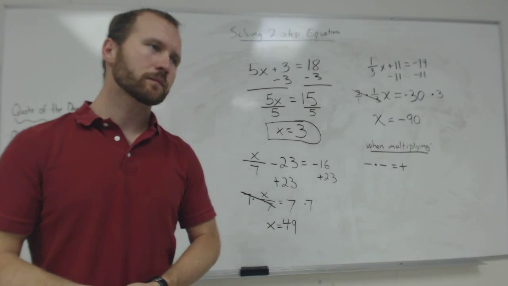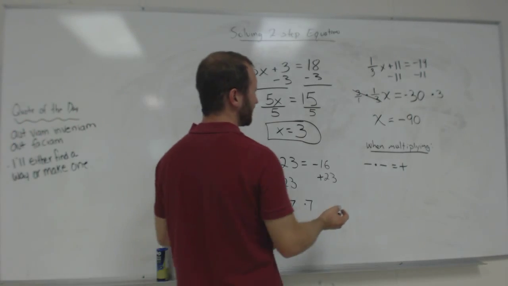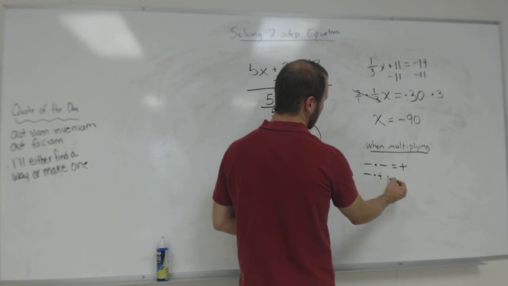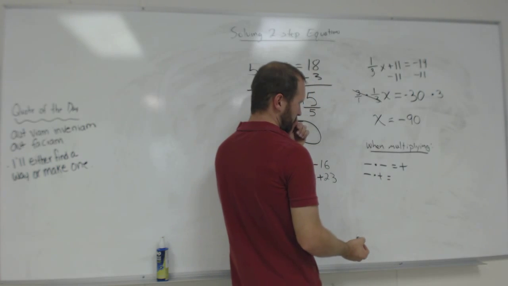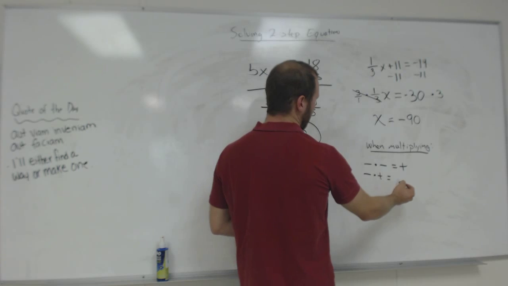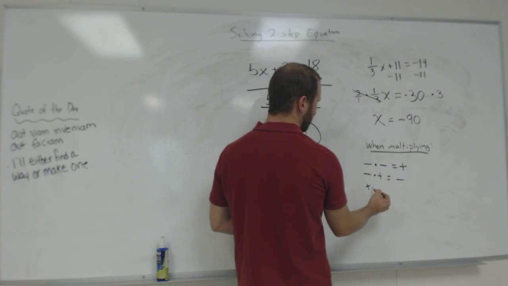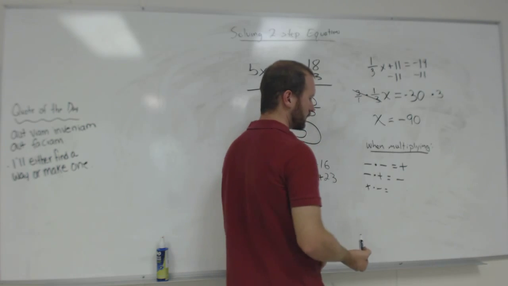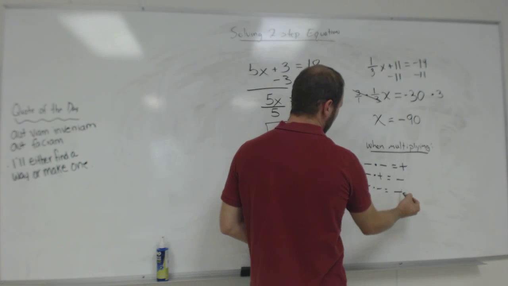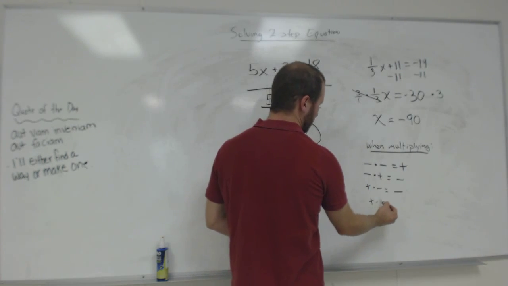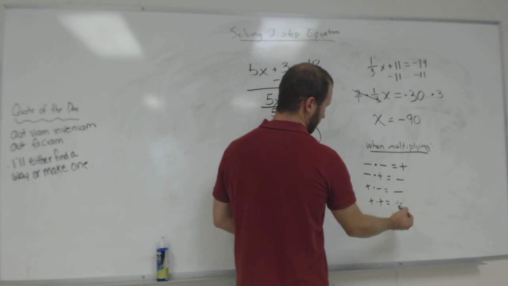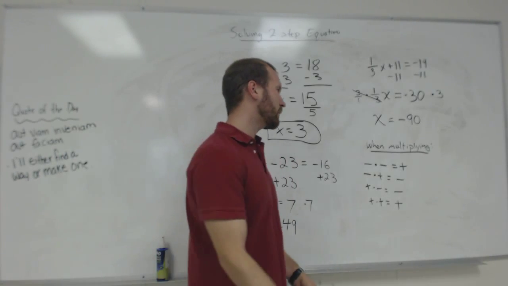Right? What about a negative times a positive? What does that equal? Negative. How about a positive times a negative? Negative. What about a positive times a positive? Positive. Let's do an example of each one.